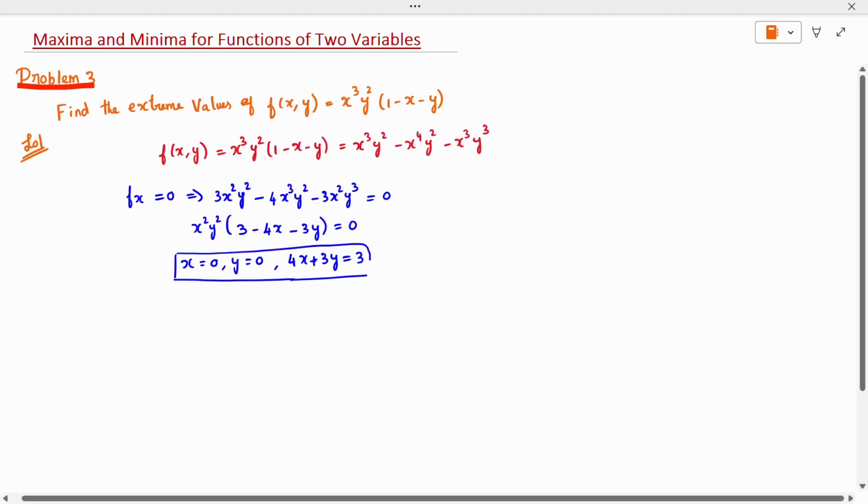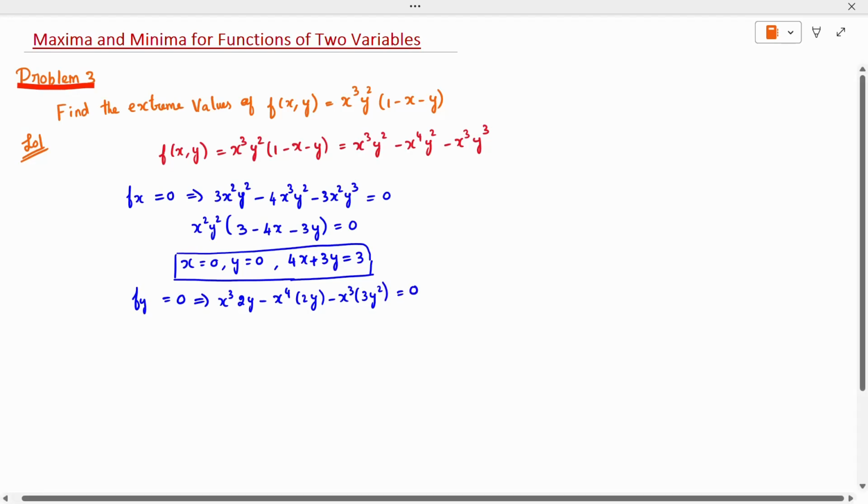Okay. Same way I will find fy, fy equal to 0. So x cubed as it is, y squared differentiated is 2y, minus x to the power 4 as it is, y squared differentiated 2y, minus x cubed as it is, y cubed 3y squared equal to 0.